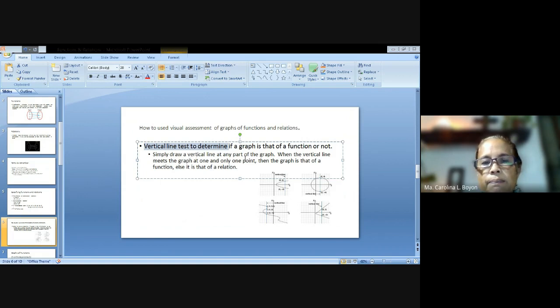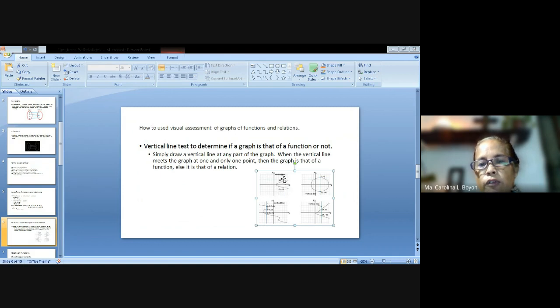We just drop any vertical line through the x-axis at any portion of the graph. When the vertical line meets the graph at one and only one point, then the graph is that of a function. Otherwise, it will be a graph of a relation.